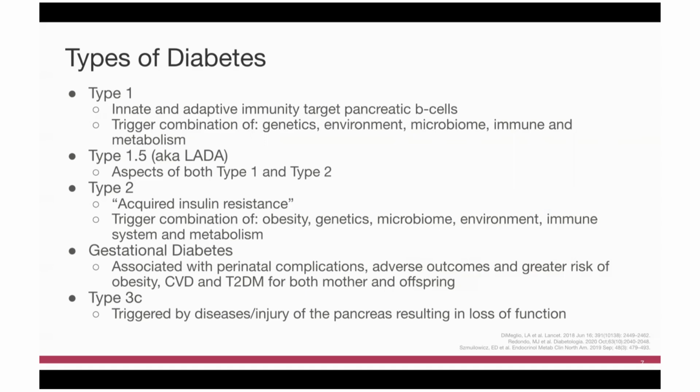Gestational diabetes happens to moms even with normal BMIs and no history of diabetes or prediabetes. And in gestational diabetes, there are higher rates of C-sections, stillbirths, developmental delays, obesity, diabetes for the child, as well as higher rates of diabetes and negative cardiovascular outcomes for the mom. In type 3, this is diabetes secondary to either a disease or an injury to the pancreas.